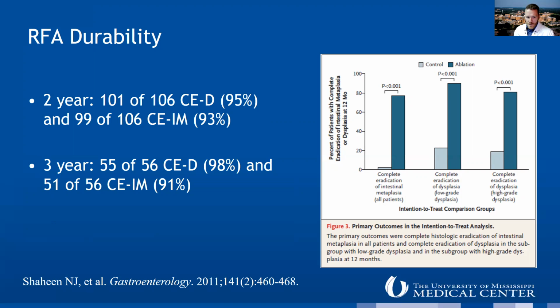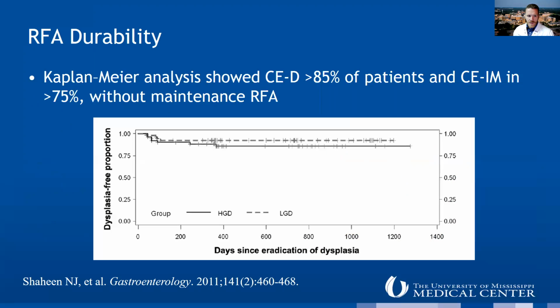And at 3-year follow-up, they lose some to follow-up, but of those that were still within the study, they maintain very high rates of eradication of dysplasia without additional intervention. And here's the Kaplan-Meier analysis from that study showing greater than 85% of patients with eradication of dysplasia without maintenance RFA. And you see those are pretty flat curves going out over years.